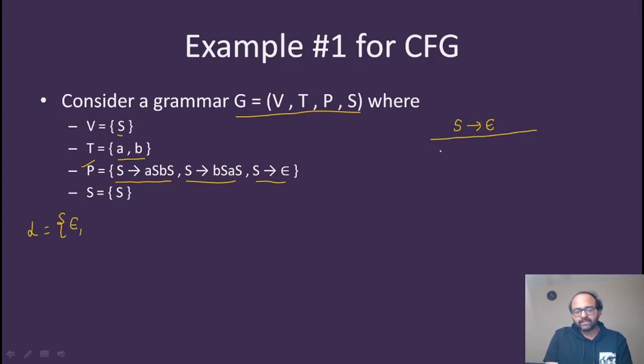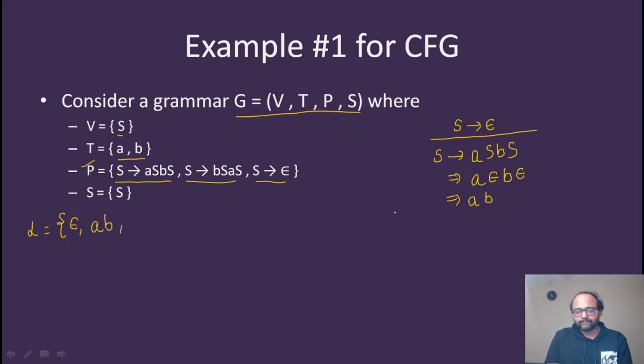Then consider capital S tends to small a capital S, small b capital S. Now we can substitute capital S as epsilon. So this is a epsilon, b epsilon, and it will become ab. So the string is ab here.